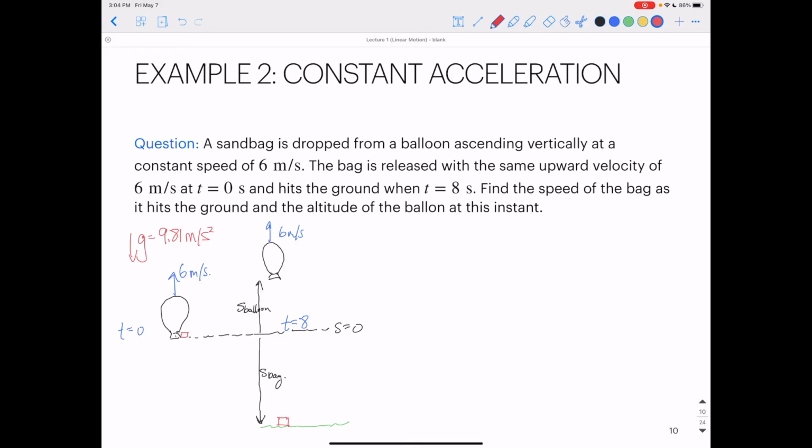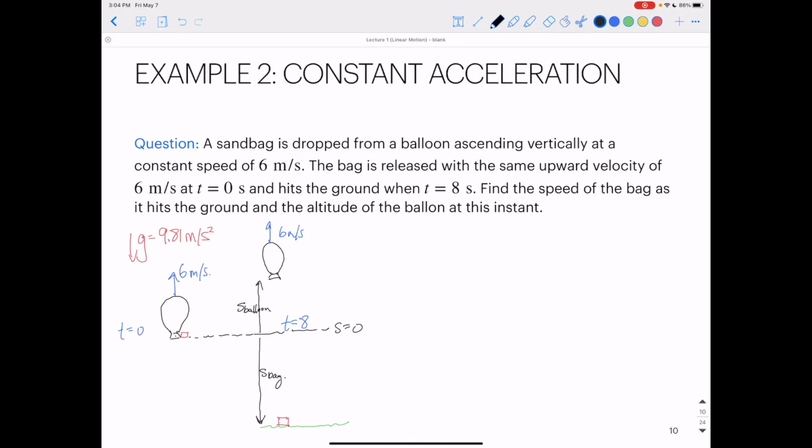At time t equals 0, the bag and the balloon are together, moving upwards at 6 meters per second, and at that instant we say that s, our position, is equal to 0. Then 8 seconds later, the balloon has traveled upwards and the sandbag has landed on the ground. We need to find the position of the balloon and the position of the bag, and we're also going to find the speed of the bag as it hits the ground.